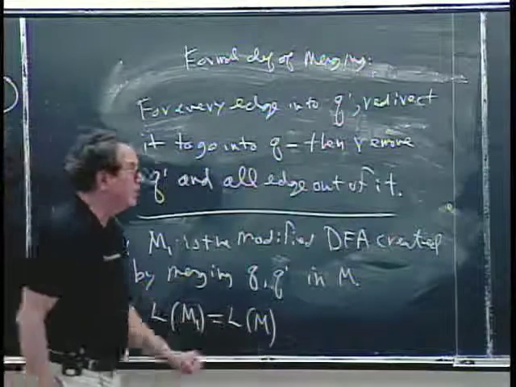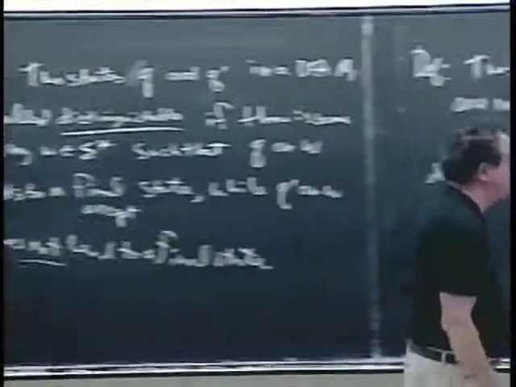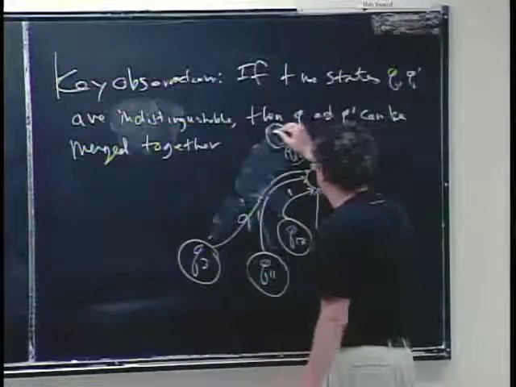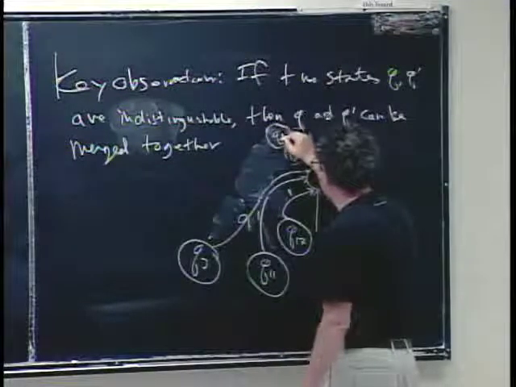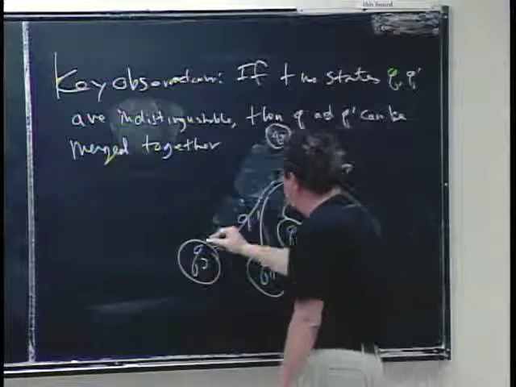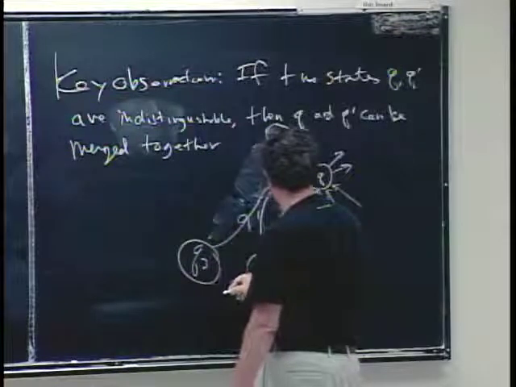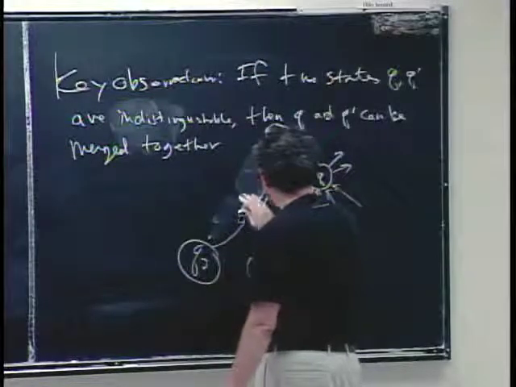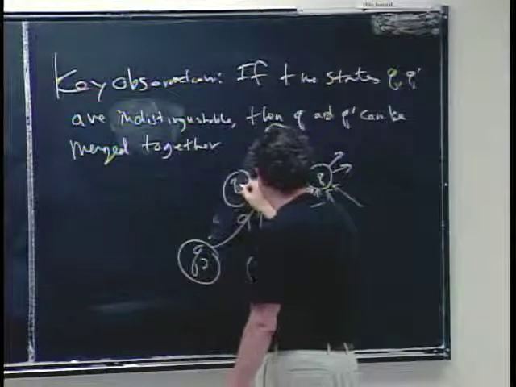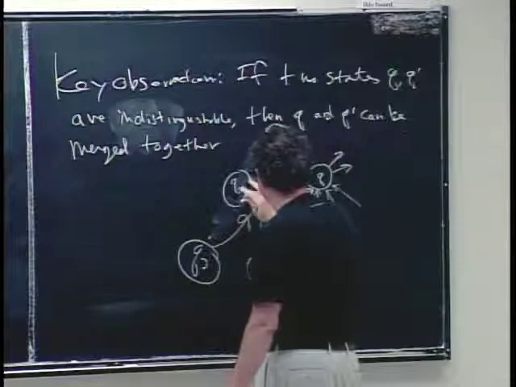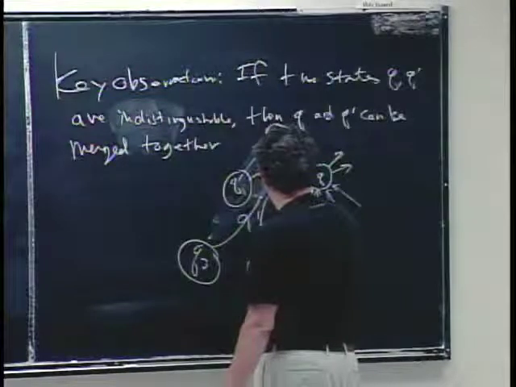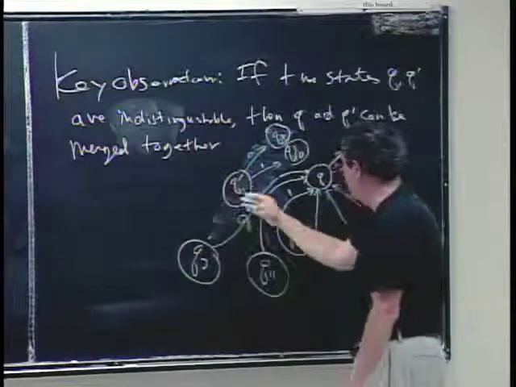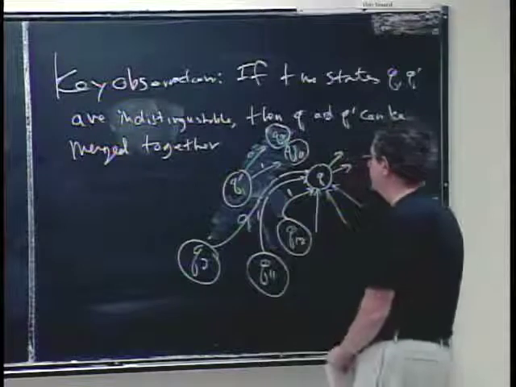Now, to justify this, let's go back to this picture here. Previously we had Q prime here, and we had Q3 that went in here, and Q11 that went into Q prime, and Q17 that went into Q prime, and so on.